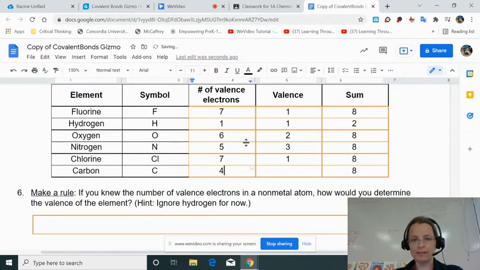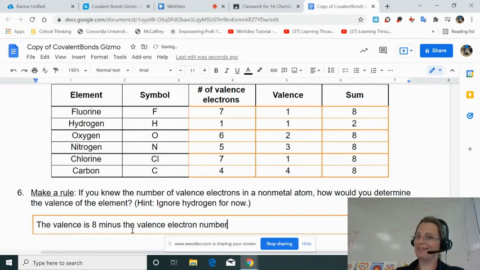It has 4 valence electrons. 4 plus what gets us to 8? 4. So what was that rule I kept saying? The valence of the element is 8 minus the valence electron number. That easy.